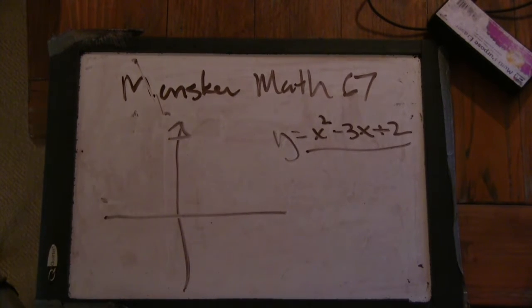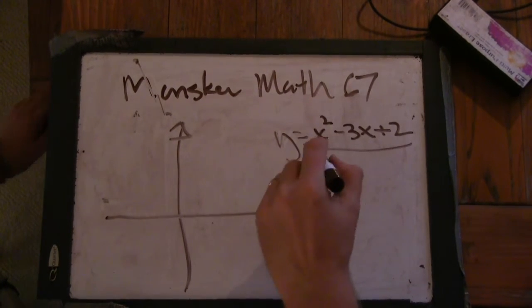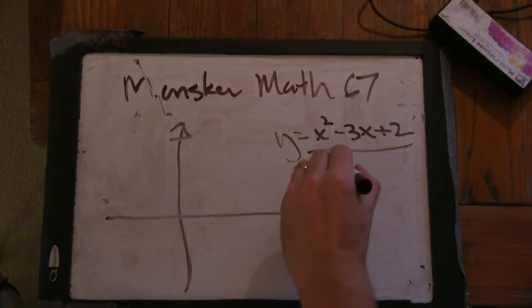See if you can find a different strategy, perhaps an easier one. Well, factoring might lead us to something here. Factoring says it would be x minus 2 times x minus 1.